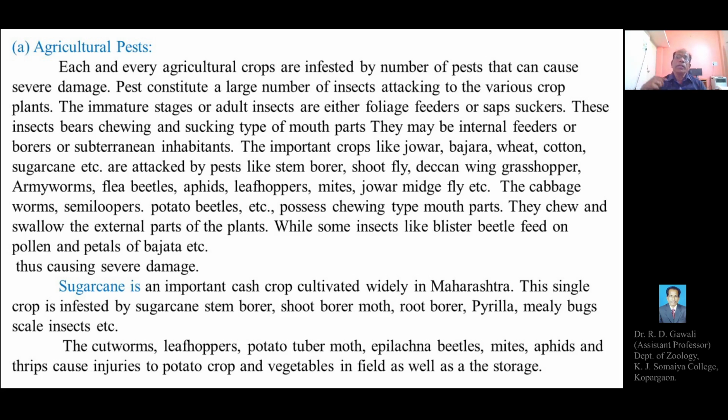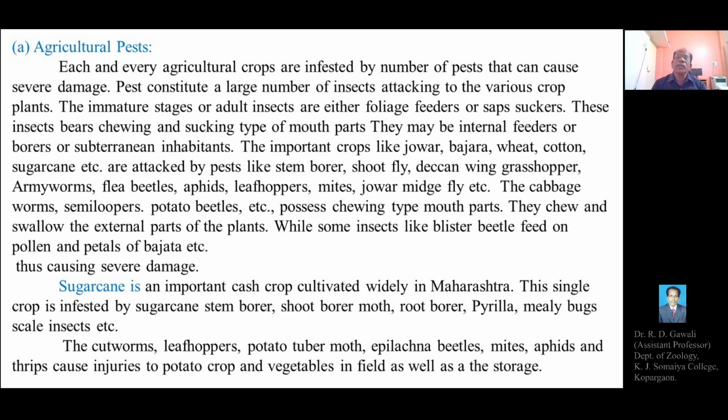So usually certain larvae like caterpillars or the grubs having mandibulate or chewing type of mouth parts prepare tunnels or burrows in the shoot or the stem of the crop plants and feed on the internal tissues and thus are called borers.